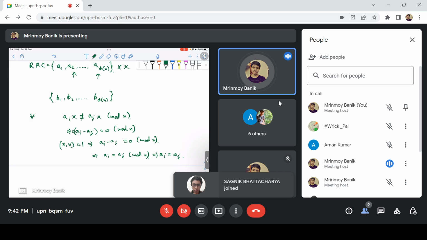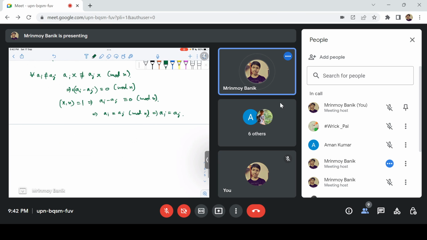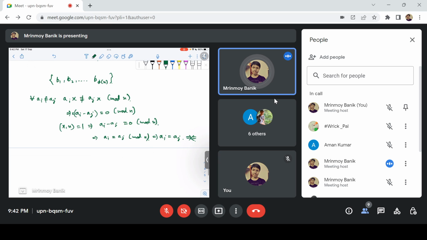So here we had to assume AI not equal to AJ, right? So here we got AI equals AJ, so that would imply a contradiction, and then we will be forced to say that this can't happen. So AIx and AJx can never be congruent.